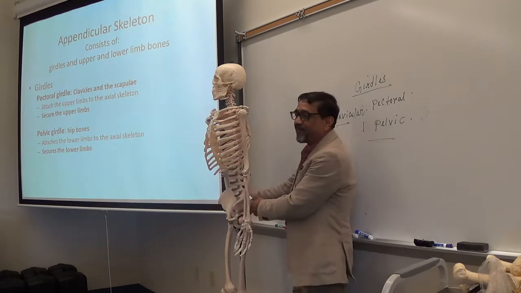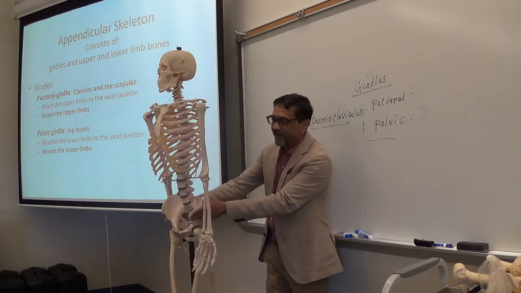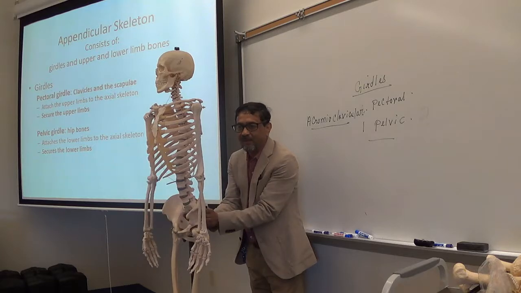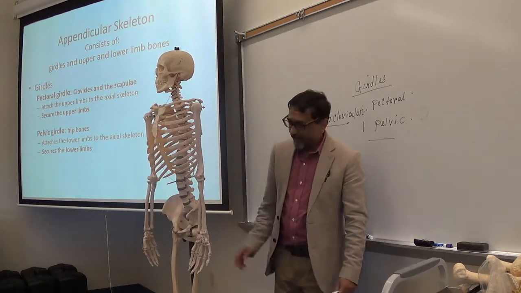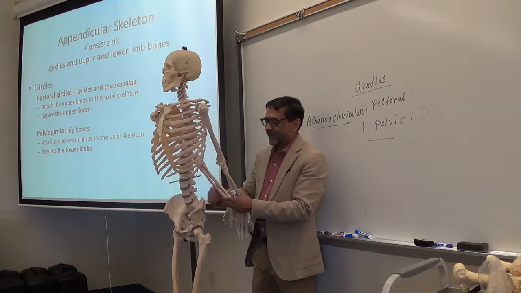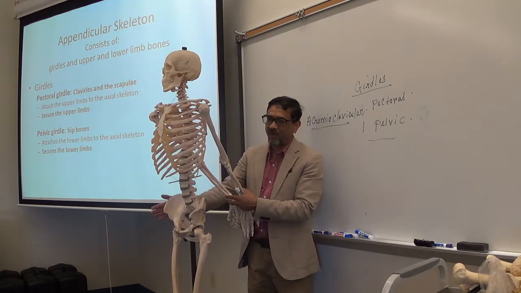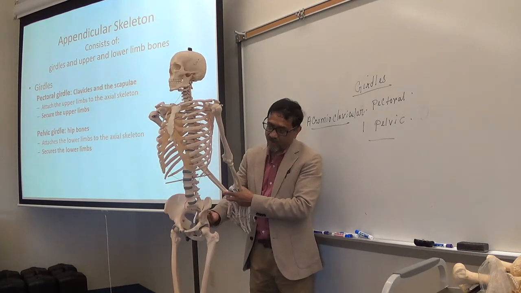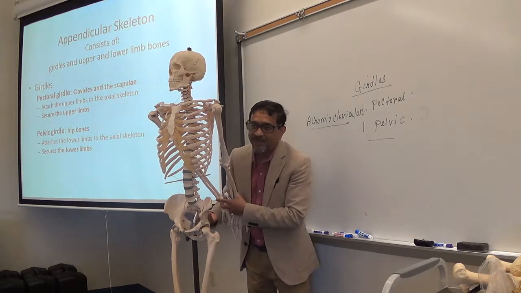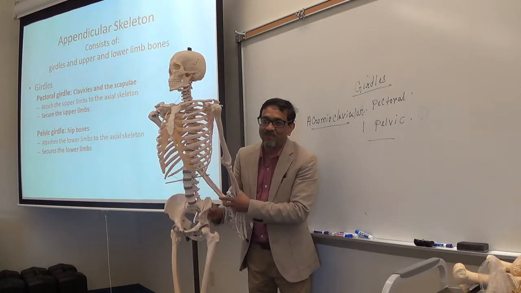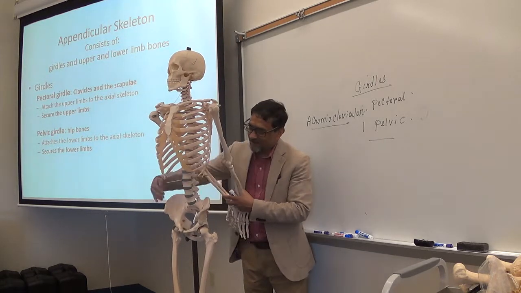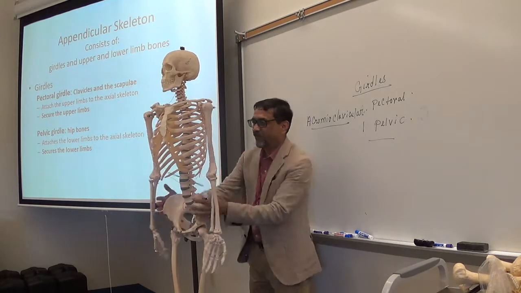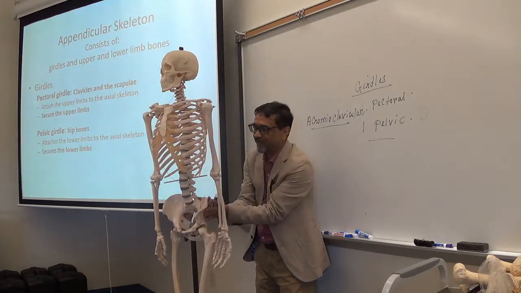This is called the pelvic girdle. How many? Only one. This whole thing is the pelvic girdle. Pelvic girdle is formed by two hip bones. These two are called hip bones. And this large triangular bone is called what? Sacrum. Remember sacrum? So sacrum and two hip bones together are forming this part.